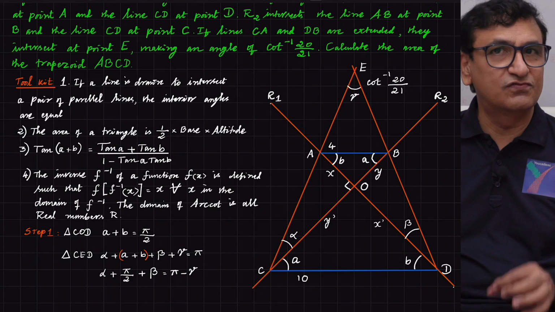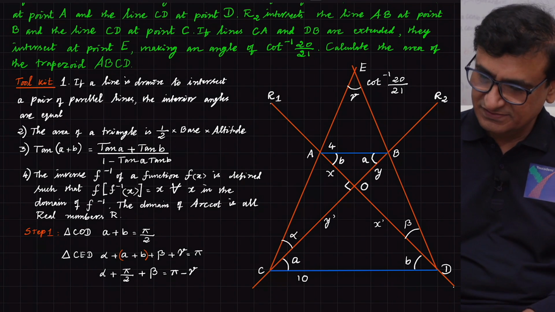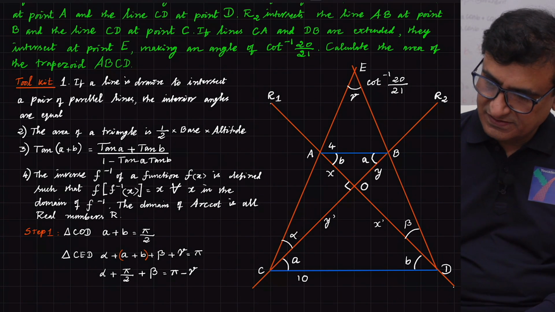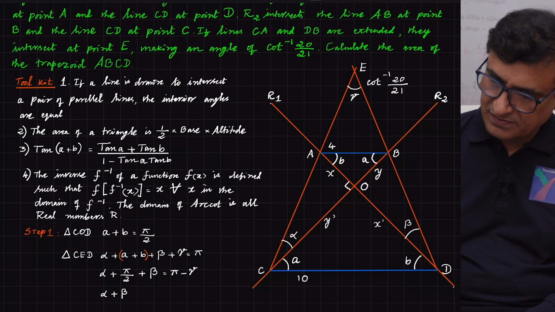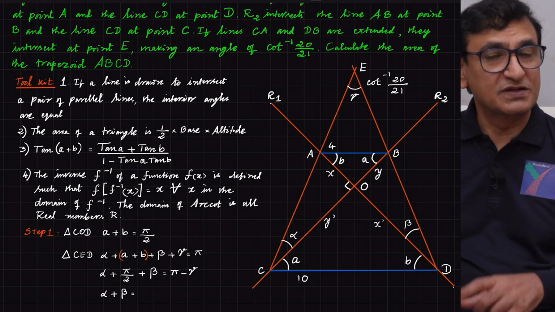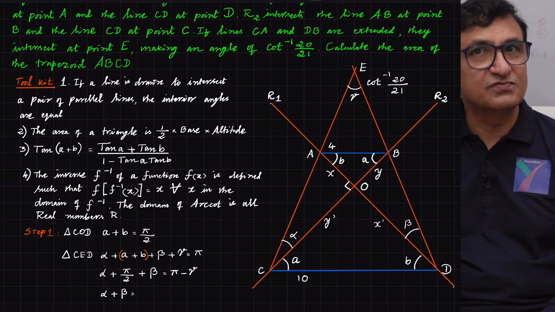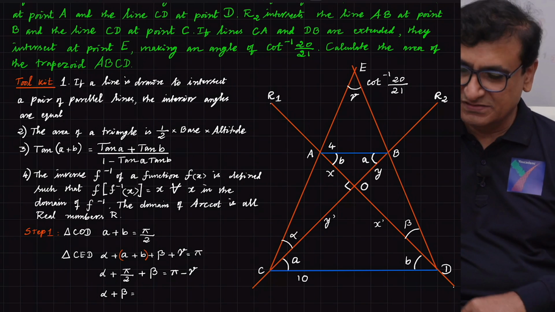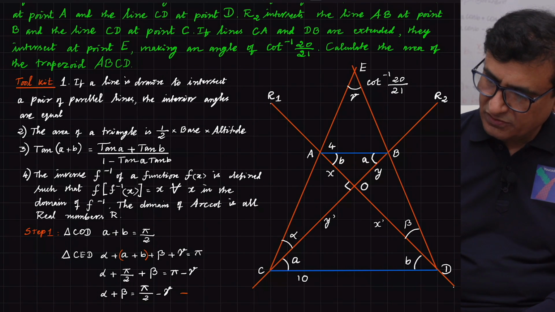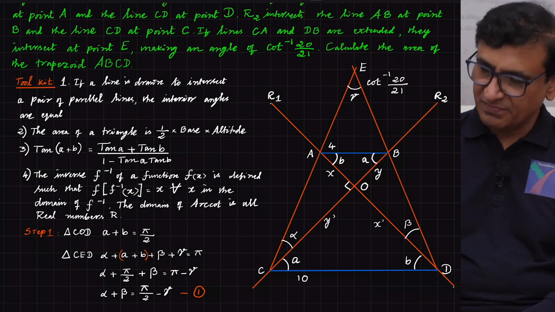So we are going to solve for alpha plus beta. Alpha plus beta would be pi minus pi by 2, which is pi by 2 minus gamma. Let me call this equation 1.